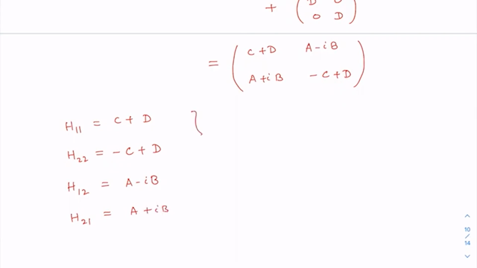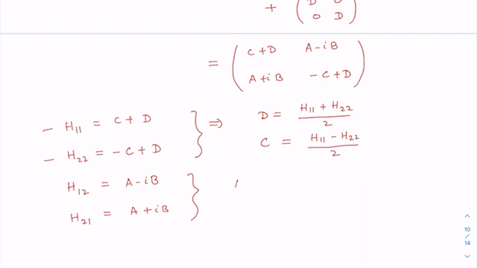And from these terms, immediately you see that D is equal to H11 plus H22 divided by 2. I just have to add these two terms and then you will immediately get it. Similarly, you will get C, if you subtract them, as H11 minus H22 divided by 2.